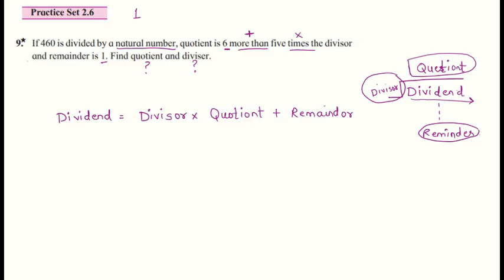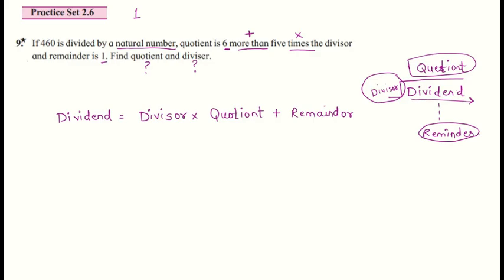It was already covered in 9th standard and in previous lectures. I will write it down again: dividend is equal to divisor into quotient plus remainder.